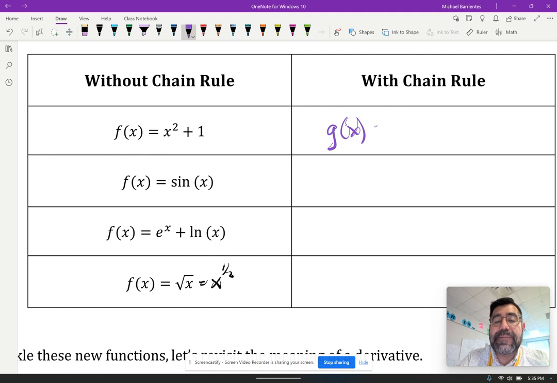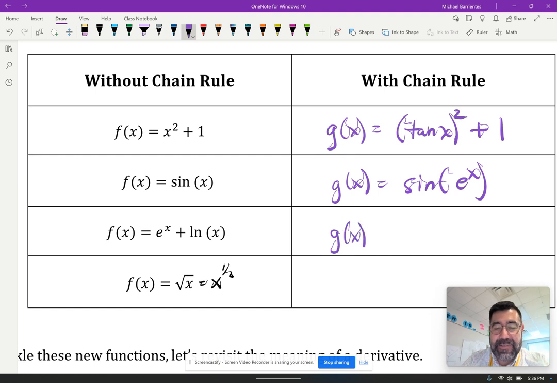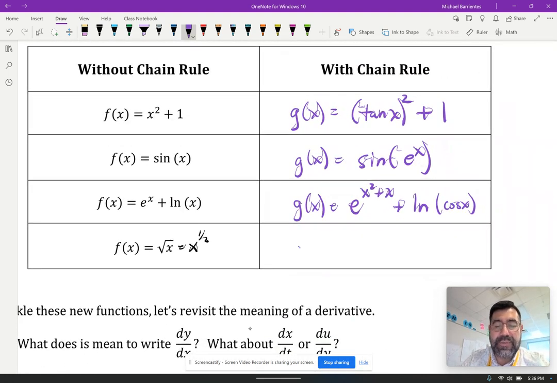So what we're encountering with the chain rule is we're going to be able to find derivatives of functions that look like this. Or functions that look like this. Or functions that look like this. As I continue writing, I'm hoping you can see how the right column is similar to the left column, because I'm using the functions that are pre-printed here, but I'm also introducing some new parts, right?